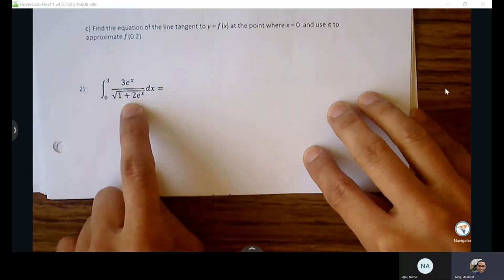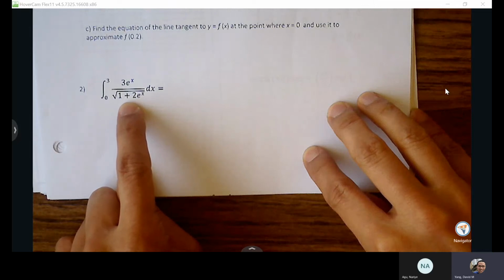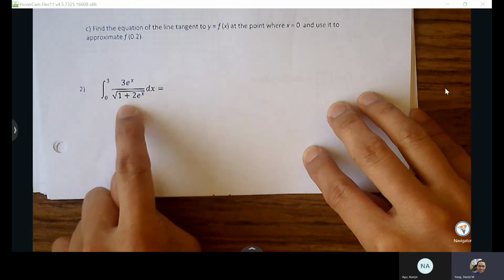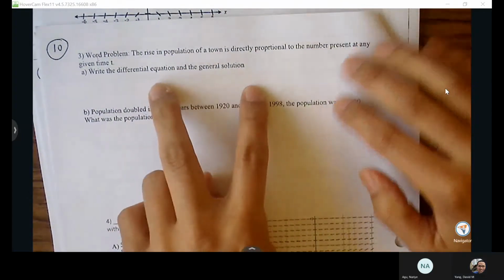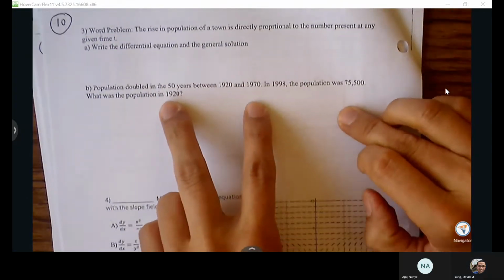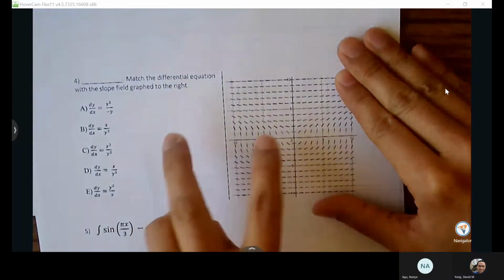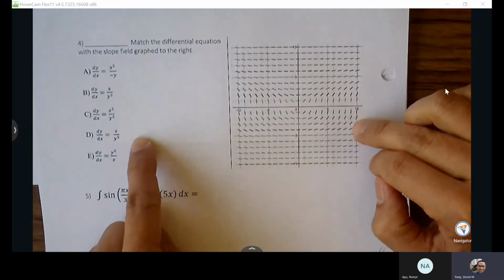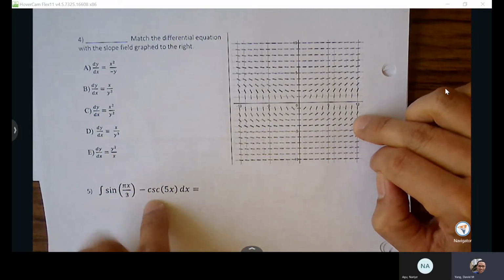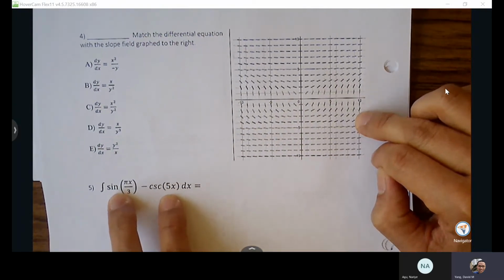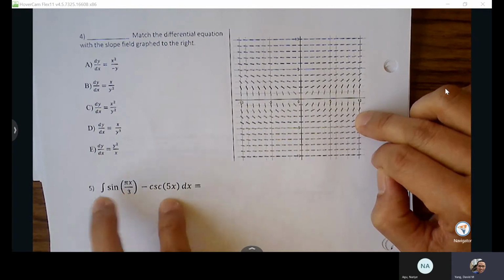This is a use substitution problem involving exponential functions. Then a word problem, y equals c e to the kt. Solve for c, solve for k. Matching, like how we just did now. Use substitution involving trig integrals.